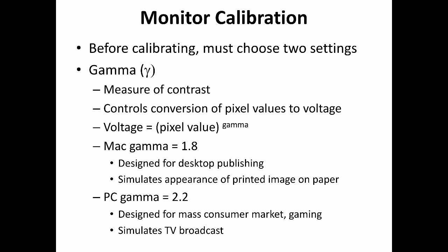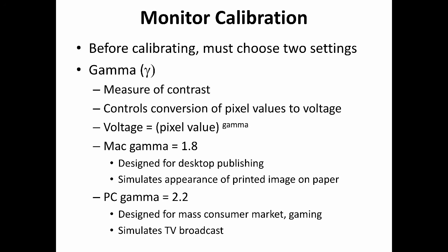Nowadays, of course, it comes in through your cable, or these days most people don't even have cable anymore. They just have an internet connection and stream things on their television. But you still have to have a gamma value that translates the incoming signal into voltage that makes the image appear on the television screen. So Windows, right from the very beginning, wanted to simulate a television broadcast, which has a higher gamma level. It's an inherently higher contrast medium.